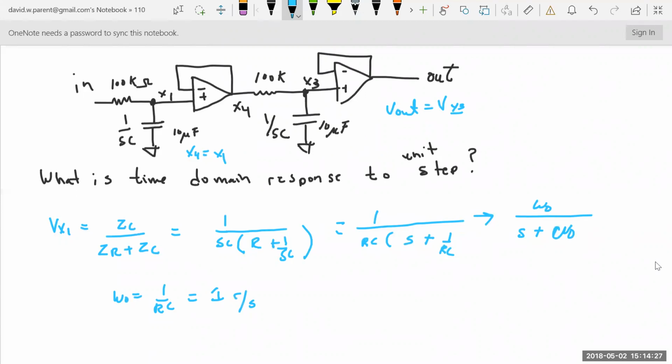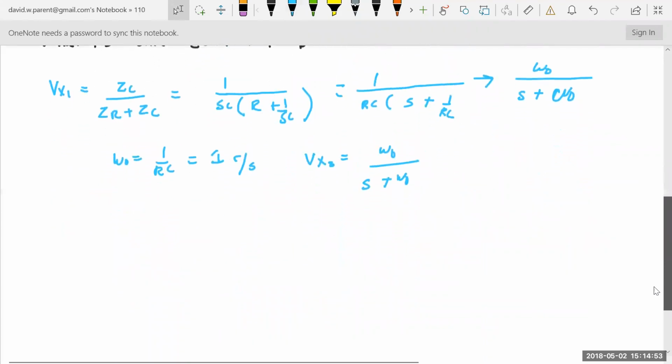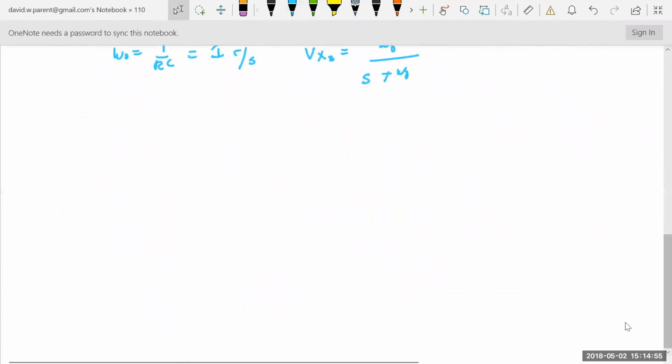All right. Well, we can see that Vx3 in this case equals the same thing because look, 100K, 100K, 10 microfarad, 10 microfarad. All righty.